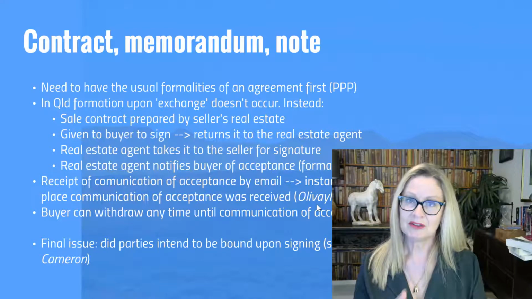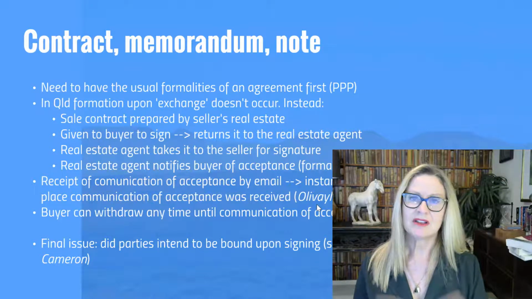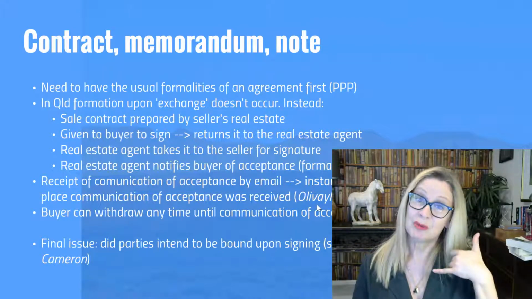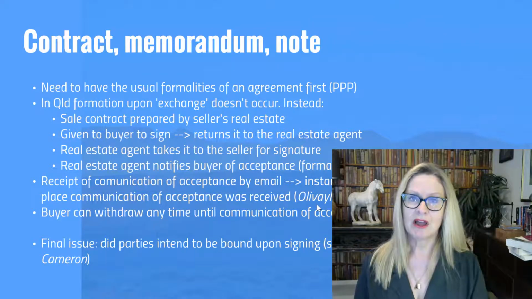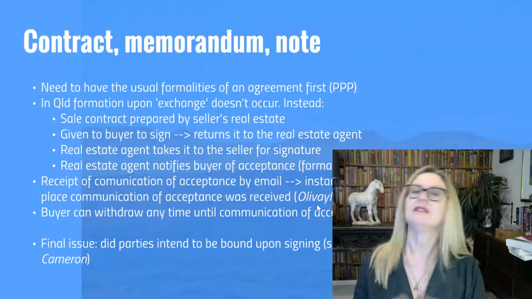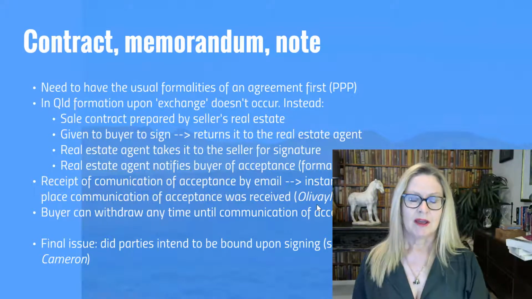The seller will either accept it or not. If they do accept it, they'll also sign. Then the real estate agent will generally deliver that back to the buyer. If they're prudent, they'll probably ring the buyer the minute that the seller has actually agreed, and then once you've communicated, then the contract has formed.